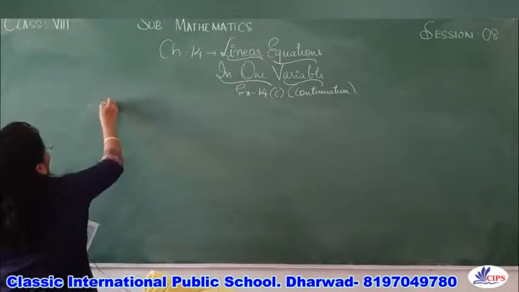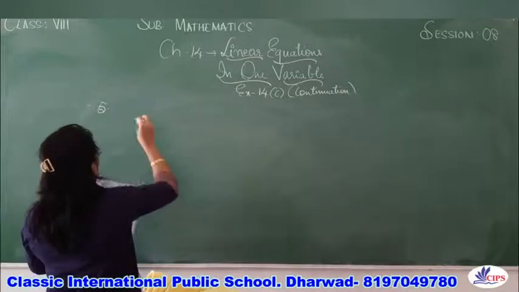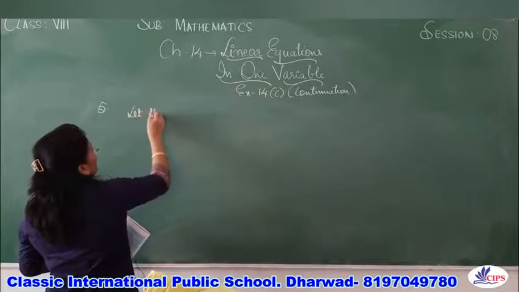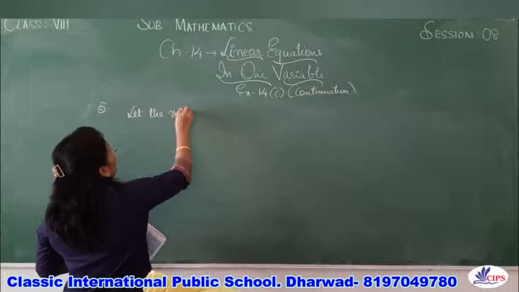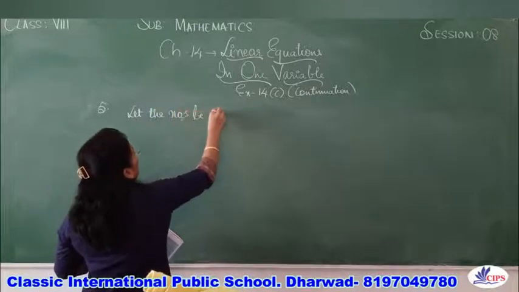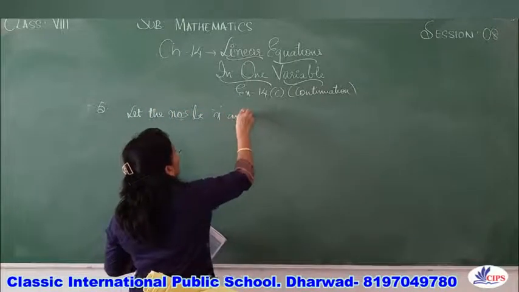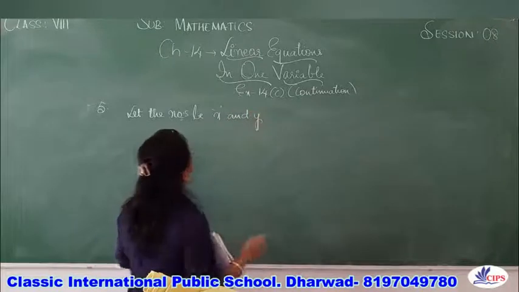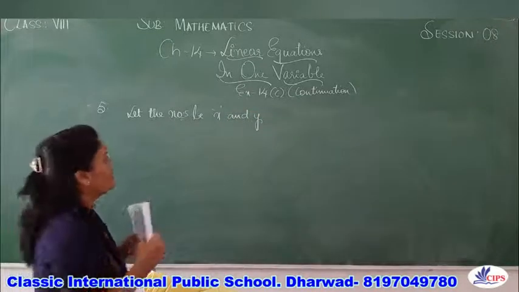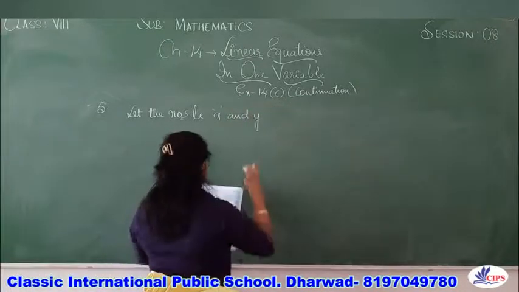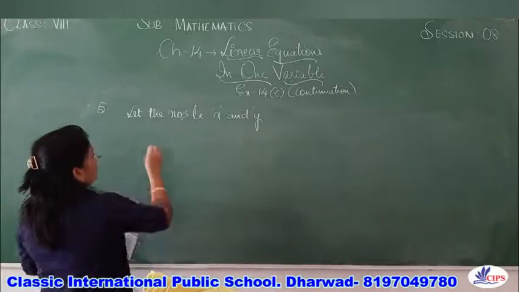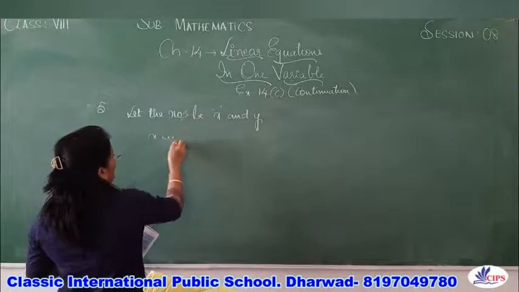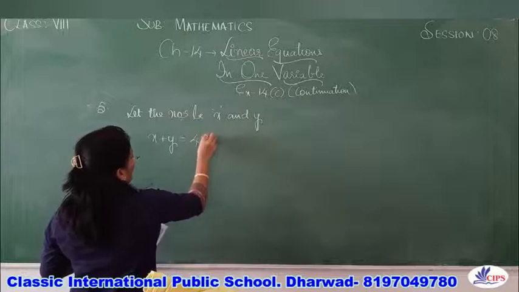So fifth one, so we'll take let the numbers be x and y. So here I have taken let the numbers be x and y. So what they have told you, when you add these two numbers, that is x plus y, you will get 405.